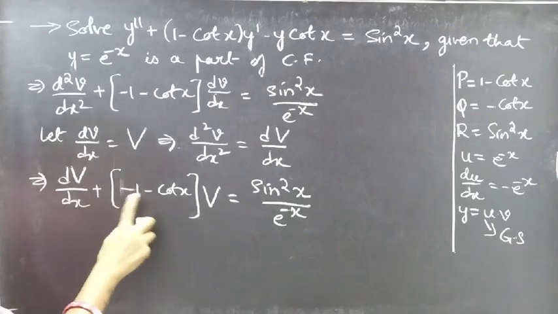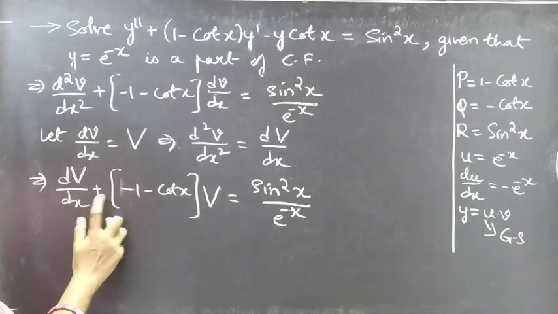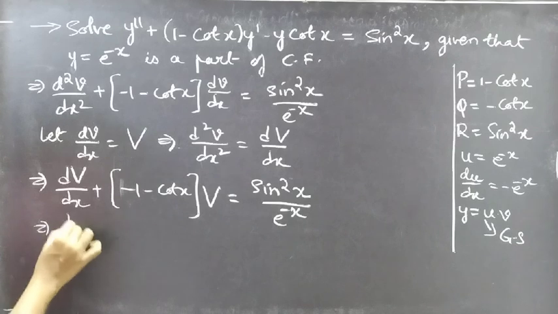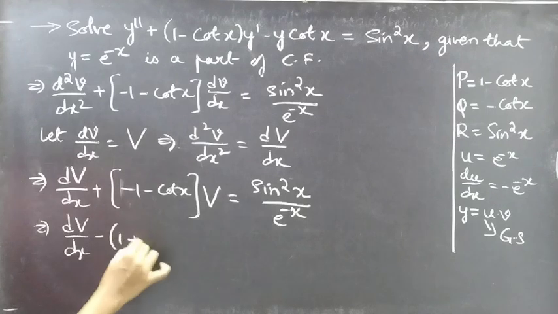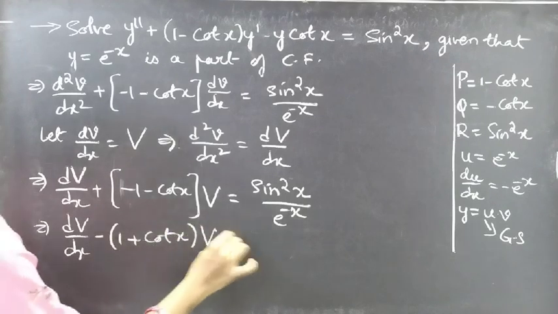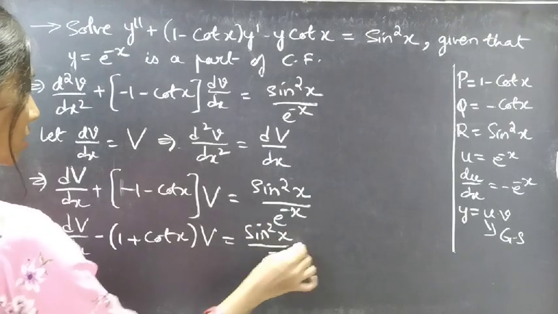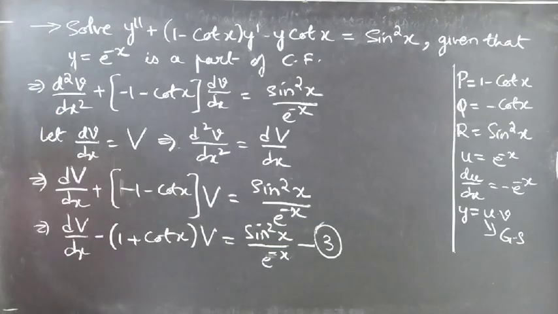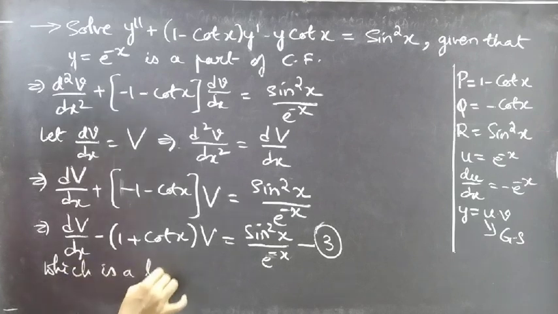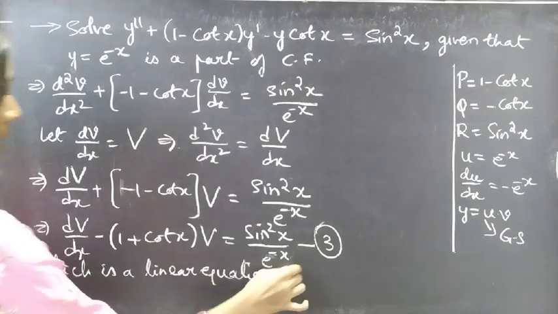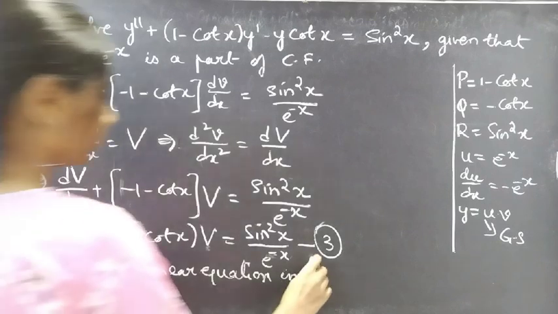Or we can just take minus common from these two terms, then we'll get dV by dx minus (1 plus cot x) into capital V equal to sine square x by e power minus x, considered as equation number 3, which is a linear equation in V and x.